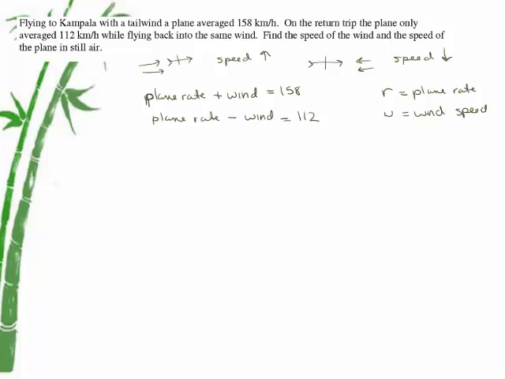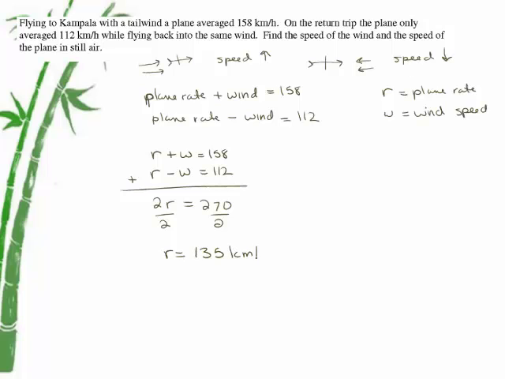Okay, so I'm going to have R plus W is equal to 158, and R minus W is equal to 112. Since the W's are already opposites, I'm going to get 2R is equal to 270. Dividing by 2, I'm going to get the rate of the plane is 135 kilometers per hour.